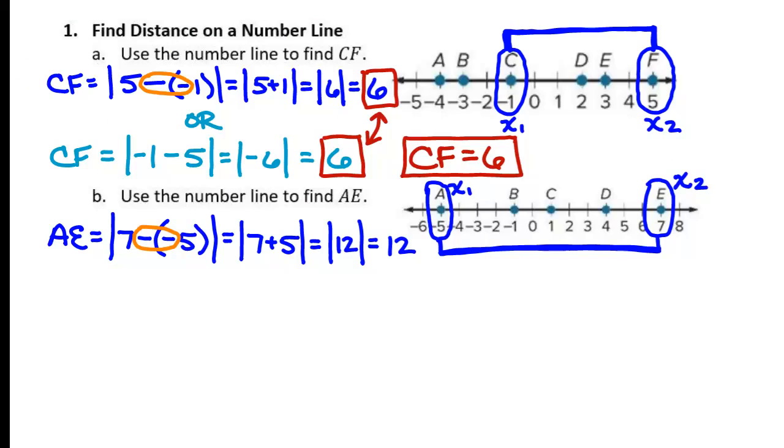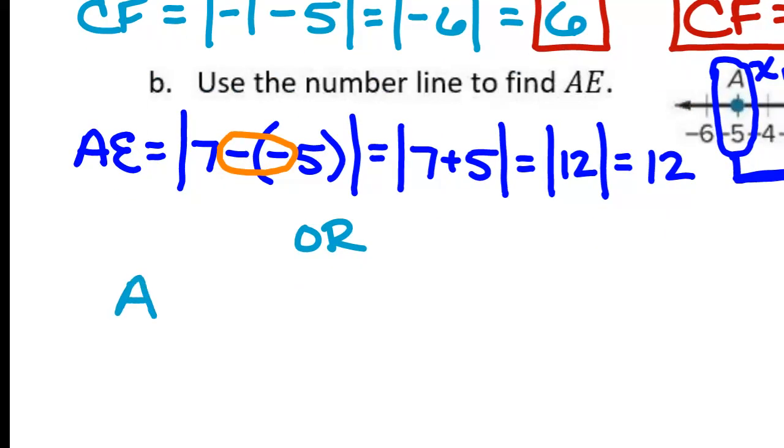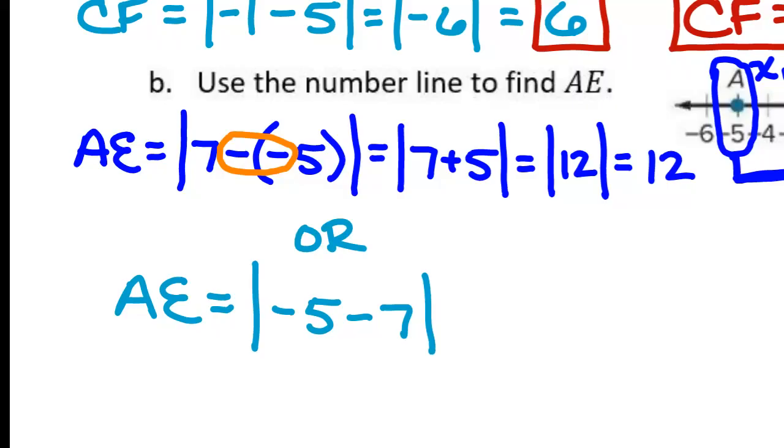So we can do it that direction, or remember, it doesn't matter if I switch my numbers around the other way. We could do AE is equal to, then I could have -5, my x1, minus 7, my x2.